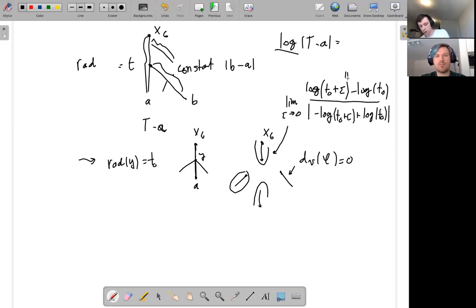And if you work this out, this is just 1. And if you do it here, you get minus 1 because you approach from the other direction. So you see that the sum is 0, which is what we wanted. Is this clear? Okay, I guess that means it's clear.